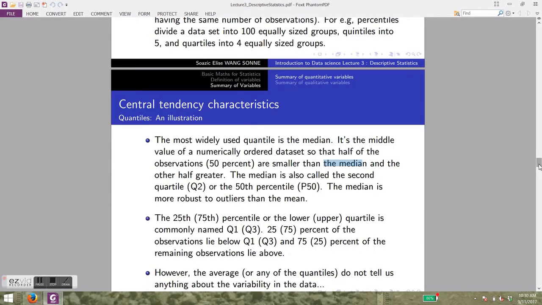You also have the other quartiles, namely the 25th percentile or the first quartile, and the 75th percentile or the third quartile. It's also important because it tells you the number of observations. It's the value of the data set such that 25% for the first quartile, or 75% for the third quartile, of observations lie below this value.